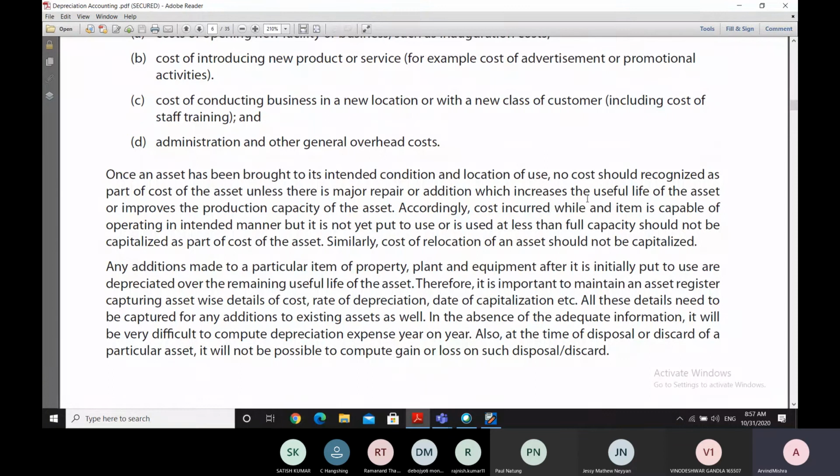of the asset. So if there is an expenditure incurred after the initial acquisition of the asset, if we do a major repair or a major addition which increases the useful life, then of course we can include that in the cost of the asset to be made depreciable.